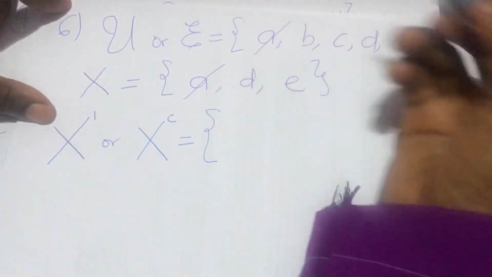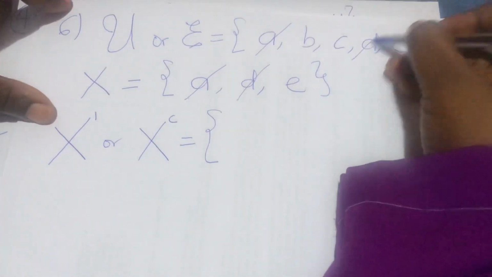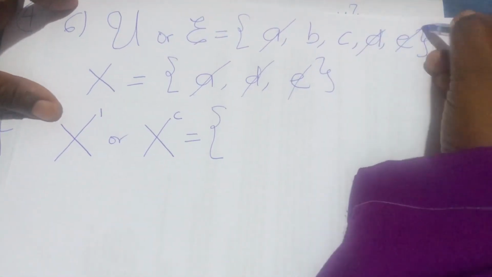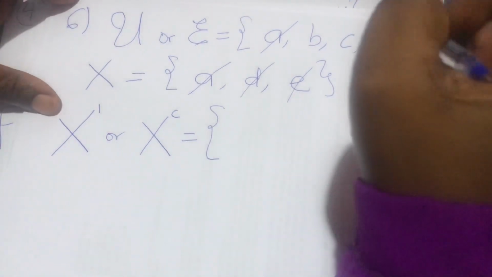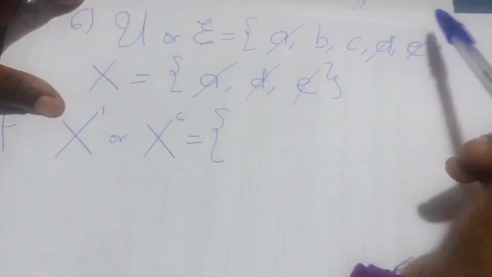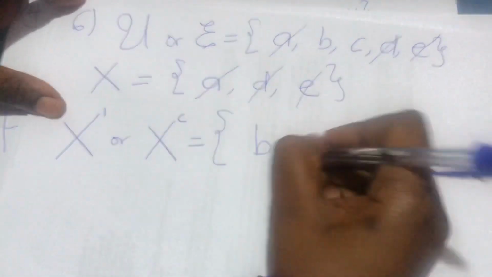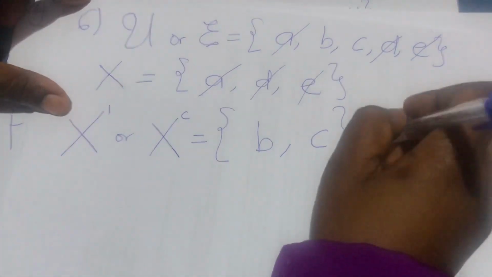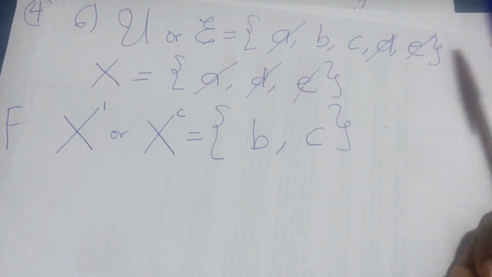We can find A here, D here, E here. Those elements that we can only find in the universal set but are not in X will be B and C. And that is it about complement of a set.